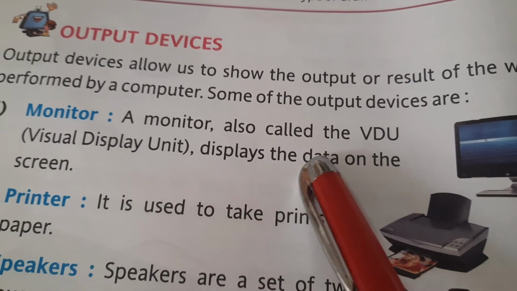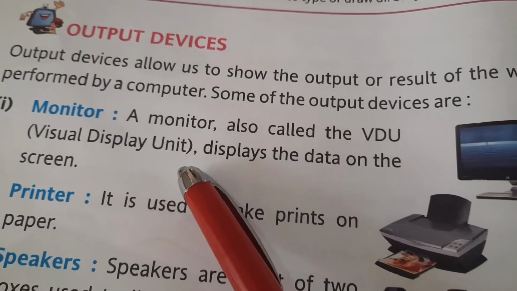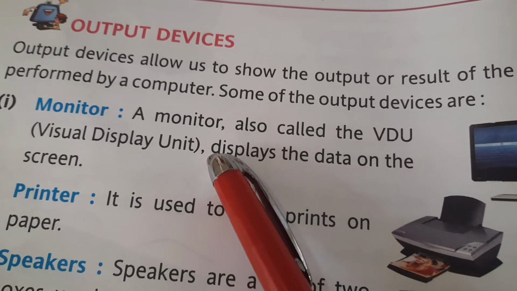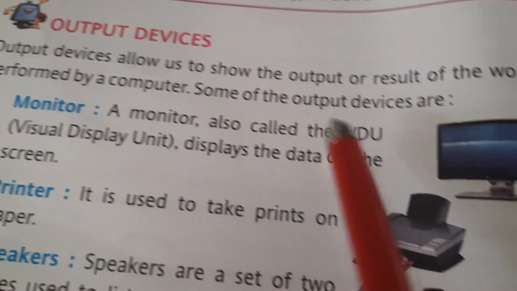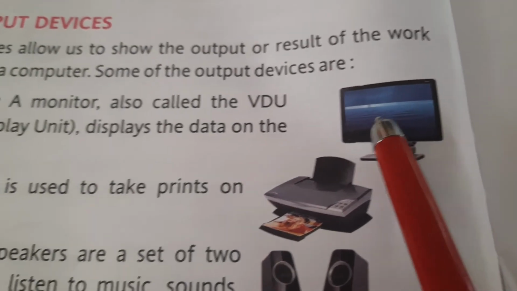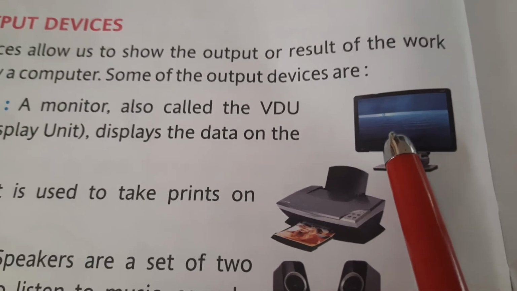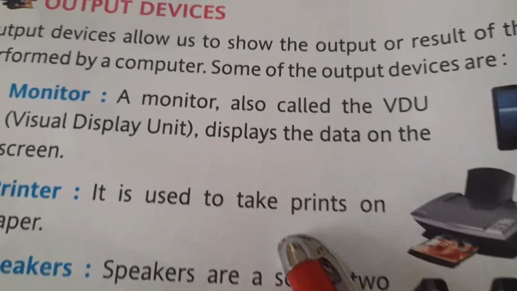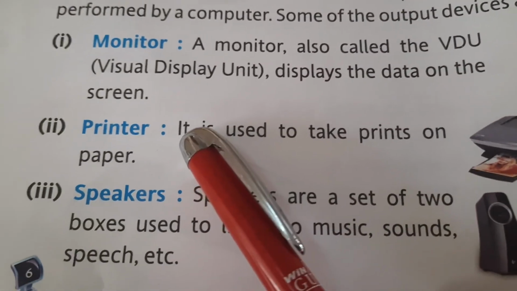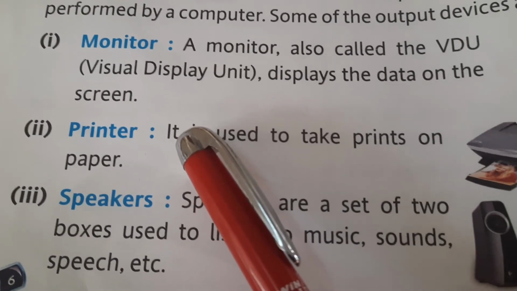A monitor, also called the visual display unit, which you have studied in your previous classes, displays the data on the screen, and it is like an LED TV. Then printer, it is used to take prints on paper, which means it is used to take the hard copy of the work.